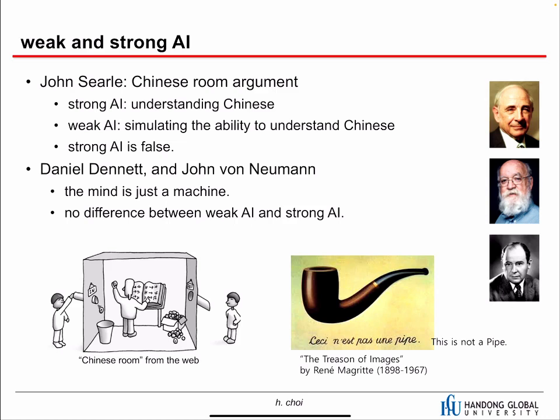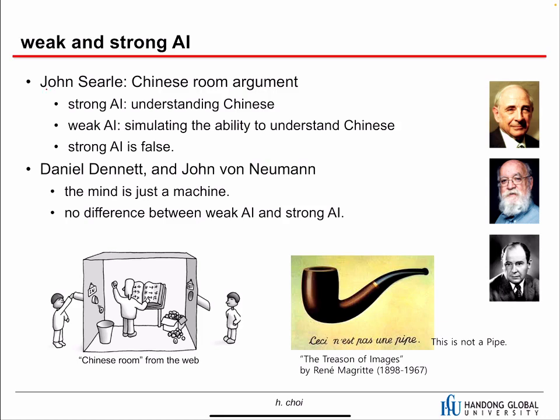Now I want to define some terminologies. I think you might have heard a lot about weak AI and strong AI from news articles and TV, but actually these terminologies were defined in slightly different ways. So let me describe what these are first.